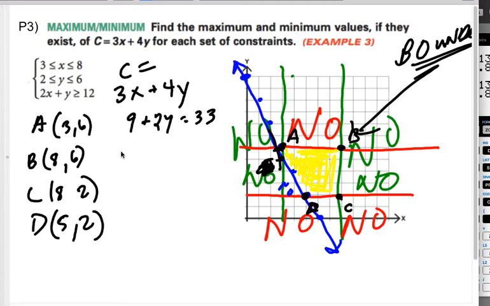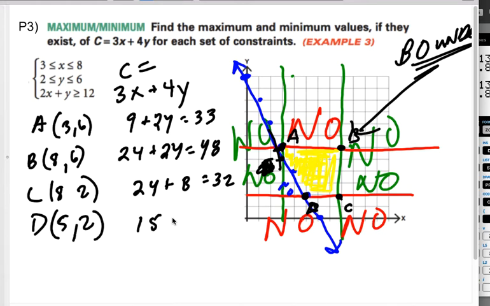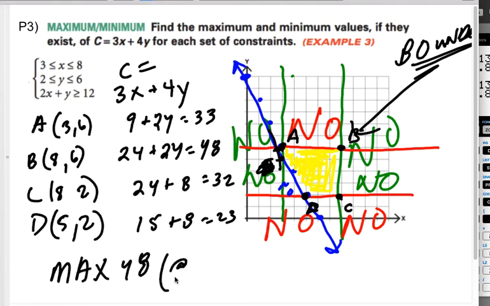Here I'm going to get 24 plus 24, which should be 48. Right here I'm going to get 24 plus 8, which should be 32. And here I'm going to get 15 plus 8, which is a 23. So the max is the 48 at 8 comma 6.